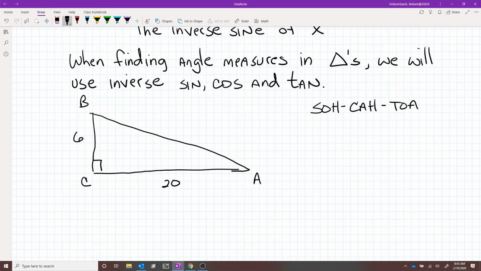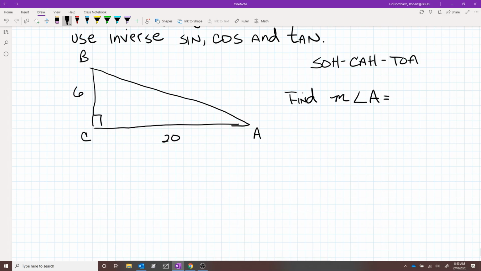And if you're asked to find the measure of angle A, in relation to angle A, the two sides that are given, we're going to label the sides again.